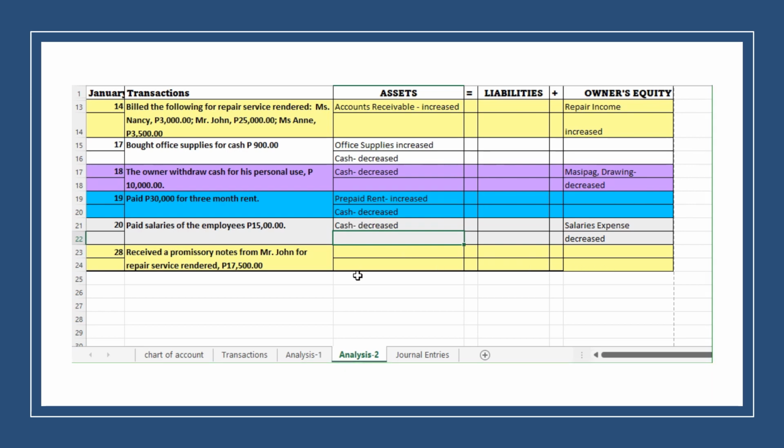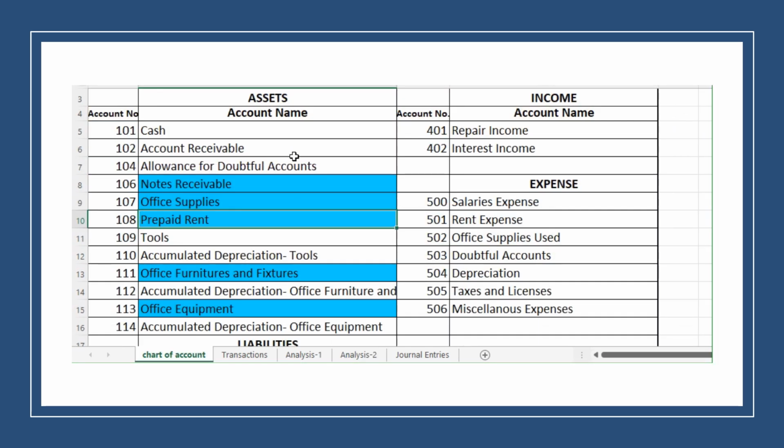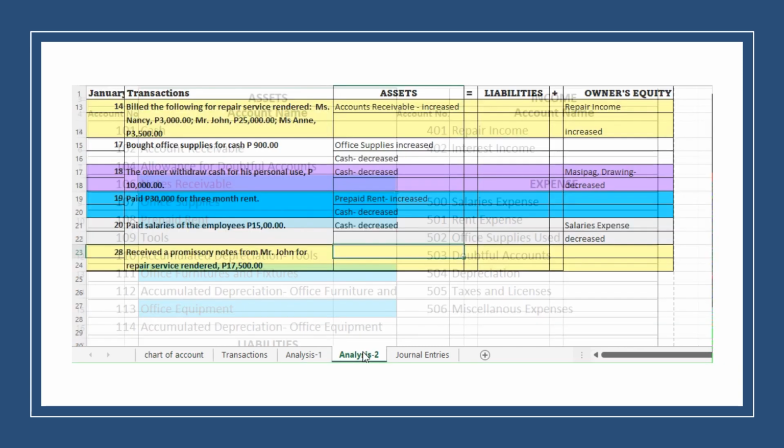Okay? The last one, January 28. Receive a promissory notes from Mr. John for repair service rendered 17,500. Okay? Let's see if we have an appropriate account for promissory note. Let's go to the asset account. So we have, yes, we have notes receivable. We can use that account title. Okay?